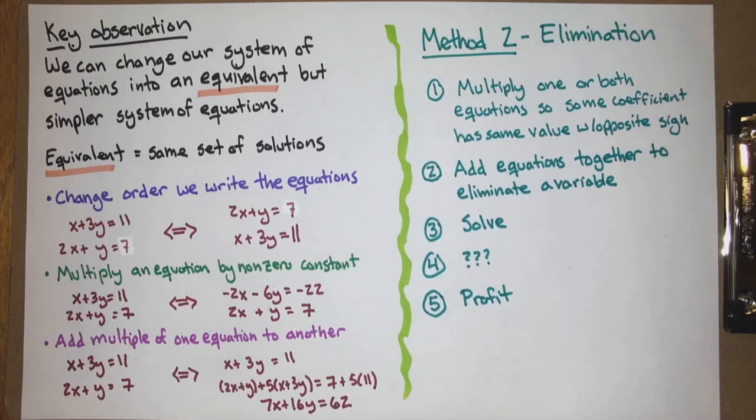A second thing we can do is we can pick one of our equations and say, let's multiply it by a non-zero number. Okay? So here, I took the equations x plus 3y equals 11, 2x plus y equals 7, and I multiplied the first equation by negative 2.